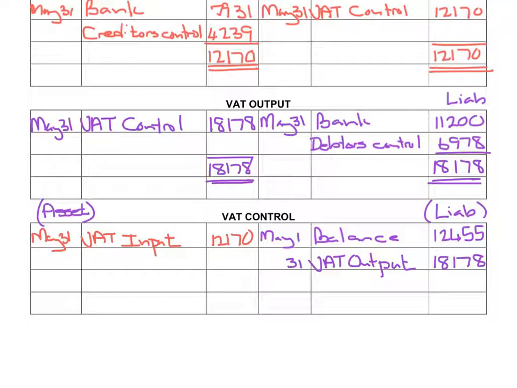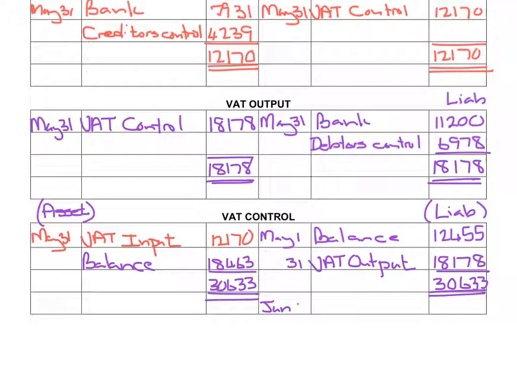And if we balance the VAT control account, we will see what is the total amount that's outstanding to SARS. The credit side is bigger than the debit side, so we will add up the credit side first, then subtract the debit side to work out what is the balancing figure, 18463, and that is the balance transferred to the 1st of June, and that is the amount that's outstanding to SARS that will be paid to SARS in the future.